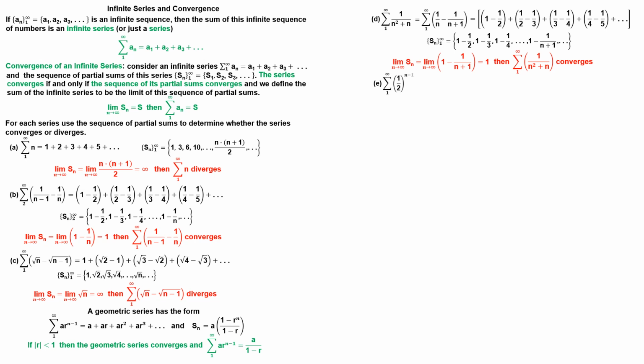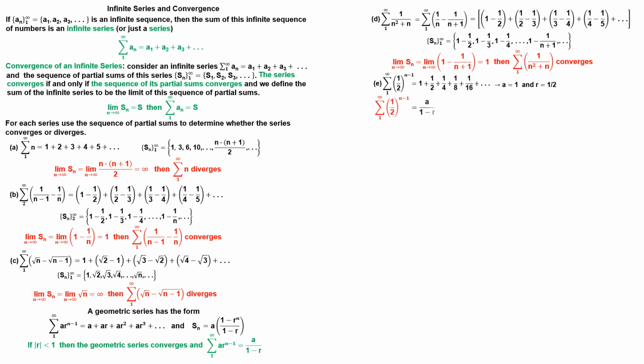Let's start with the first example in this video. We started by writing the first terms of the series. We can see that each term is multiplied by half to find the next consecutive term. So the first term is 1 and the common ratio is half. So this is a geometric series with the first term equal to 1 and the common ratio equal to half.